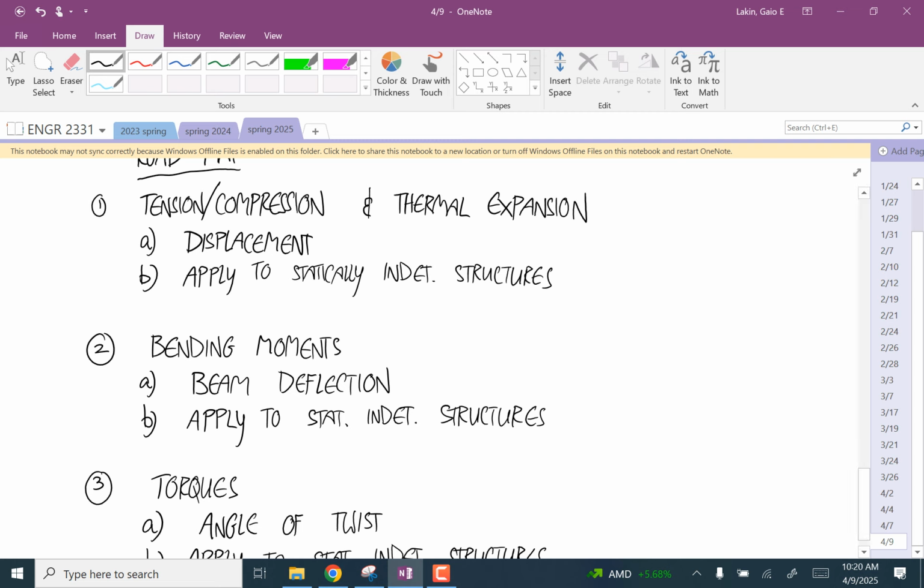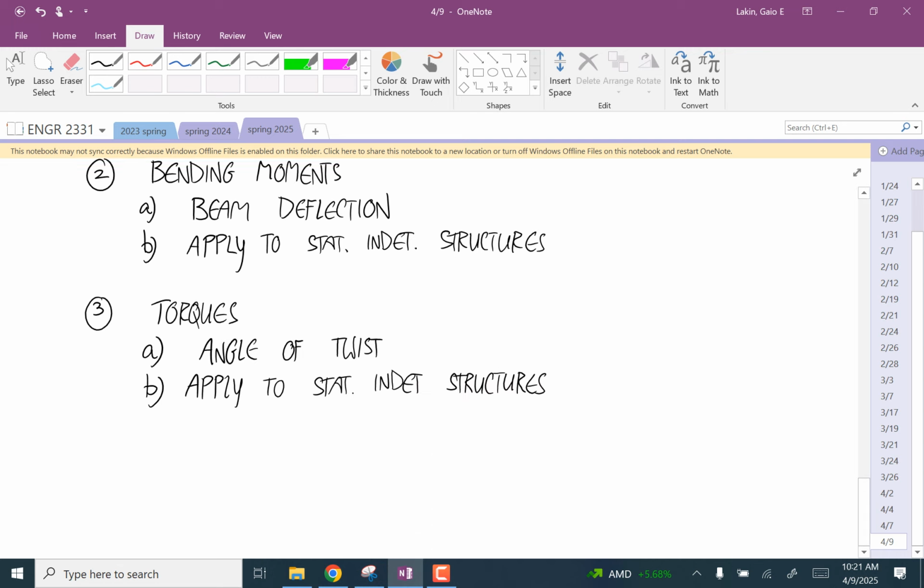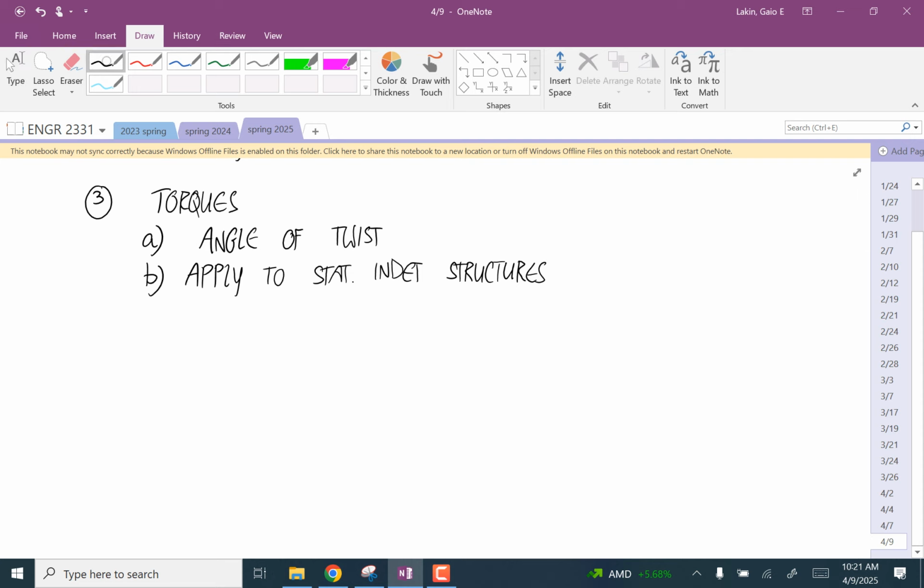Because of that relationship, the effects of both of those two fall under this bending moments displacement, okay? Everyone with me on that? Okay, so I'm going to start out with tension, compression, and thermal expansion.